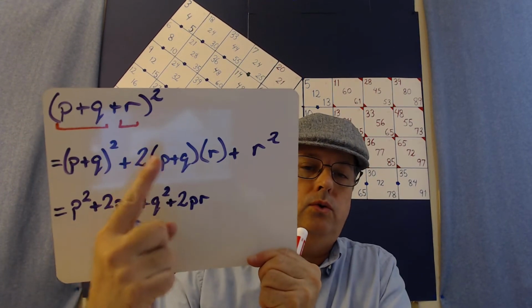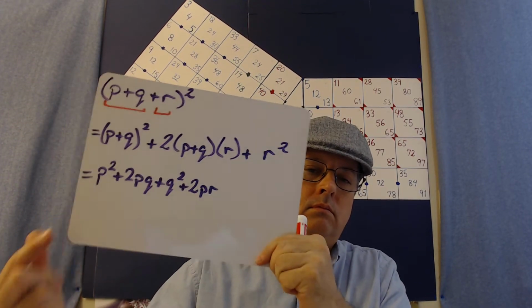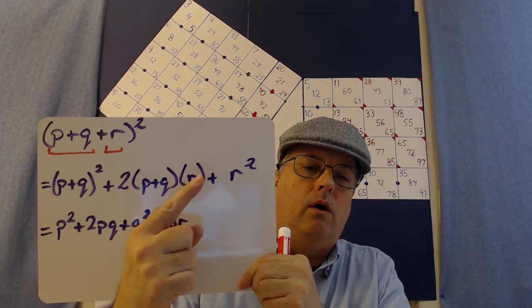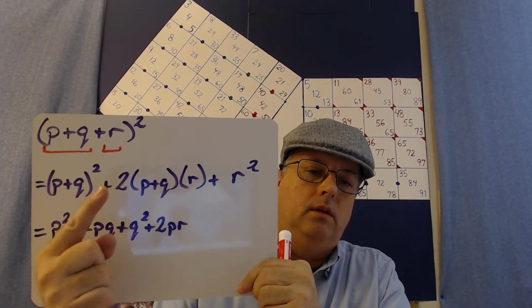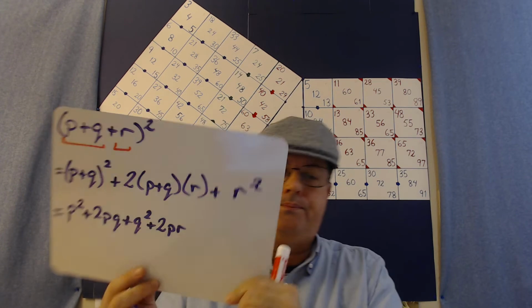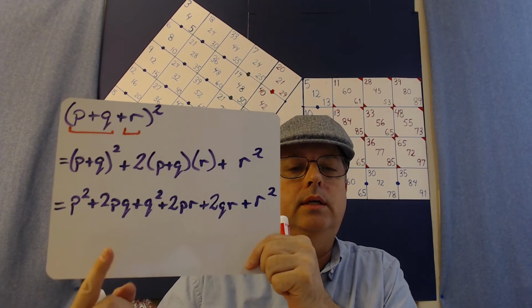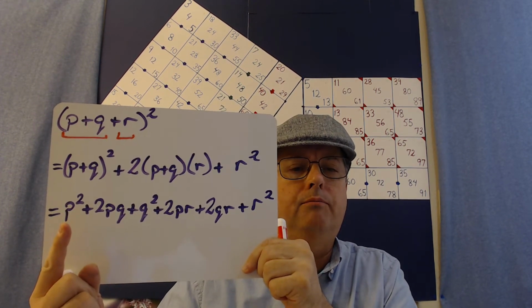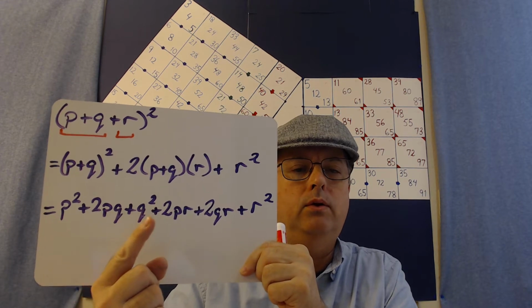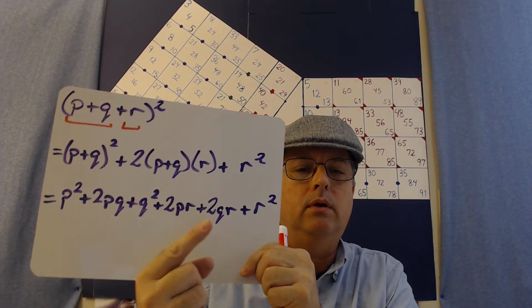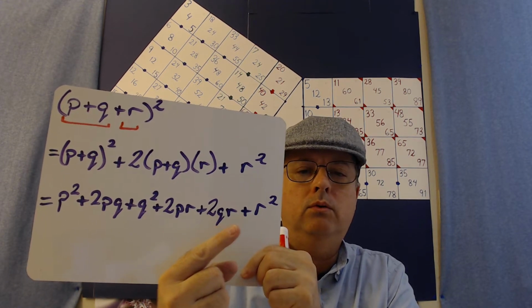And then 2r times q, that'll be 2qr plus 2qr plus r squared. Okay, now let's see, are there any like terms here? We have p squared plus 2pq, q squared, 2pr, 2qr, no, there's no like terms.